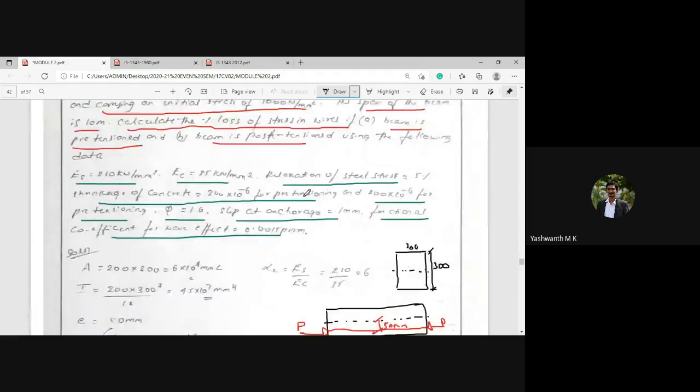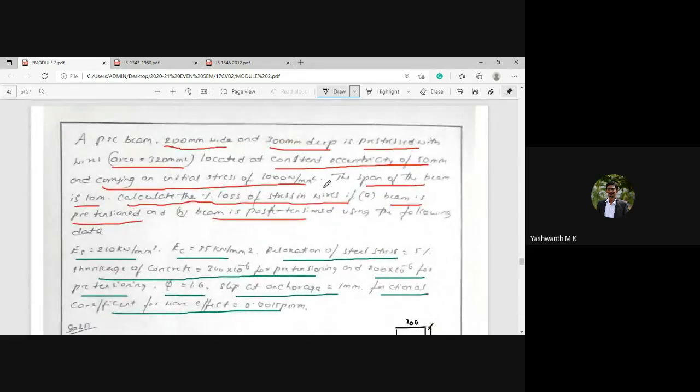In that circumstance, we need to consider that all the cables are simultaneously tensioned. Please note this point. When data is missing, whether it is simultaneously tensioned or successively tensioned, you need to consider that all the cables are simultaneously tensioned.